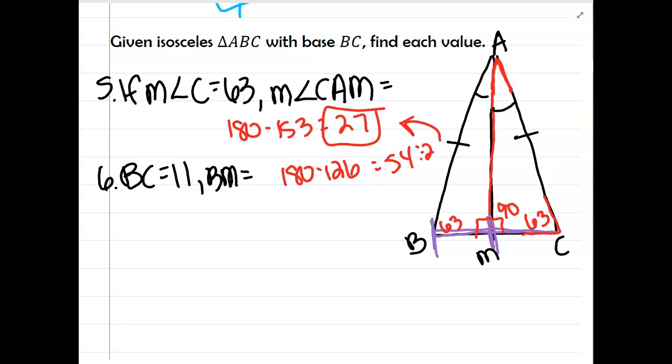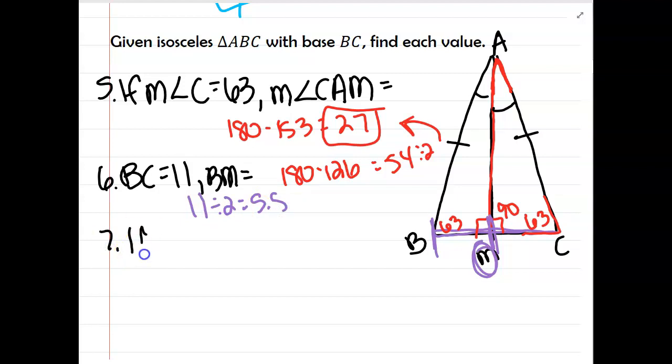How did you get 5.5? I took 11 divided by 2. You divide it by 2, right? We know that M is the midpoint, right? This is the perpendicular bisector. It's going to cut it in half. So you would take 11 divided by 2, and you'd get 5.5.